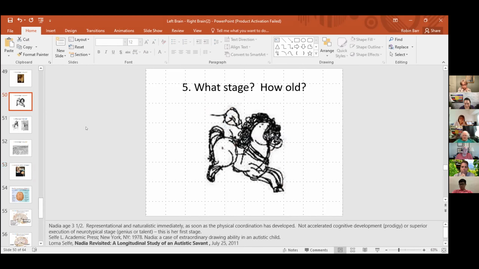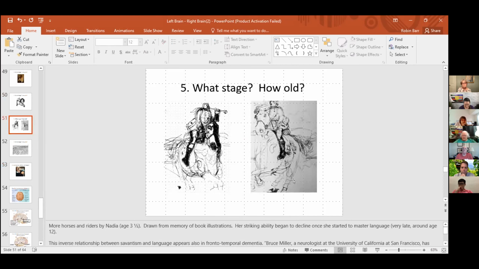One thing I want to go back to is this particular autistic artist who drew these very complex horses. Yeah, here's more of her work. She was alinguistic, so she did not have language.